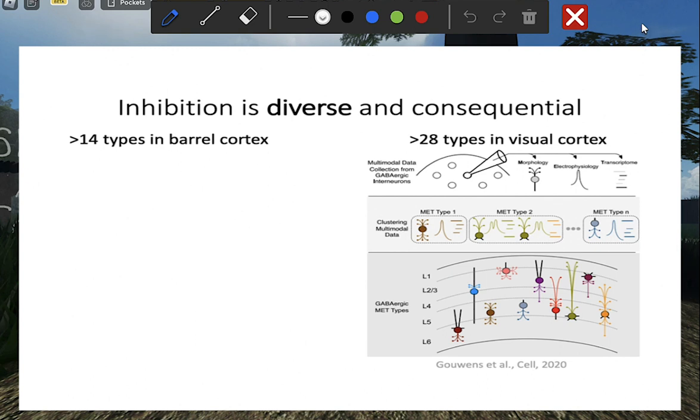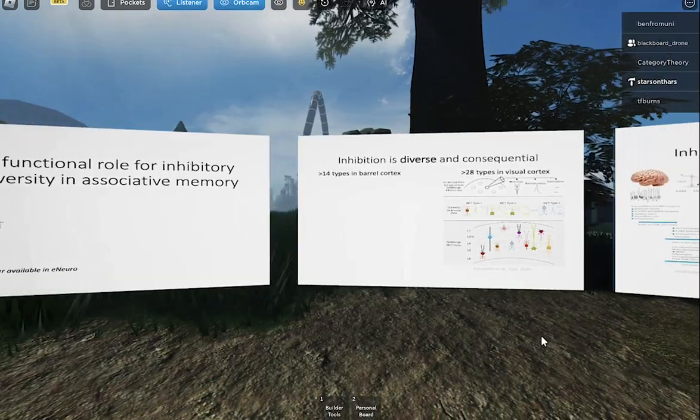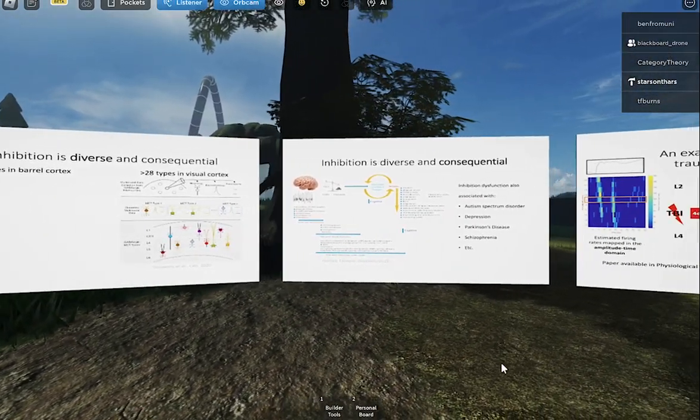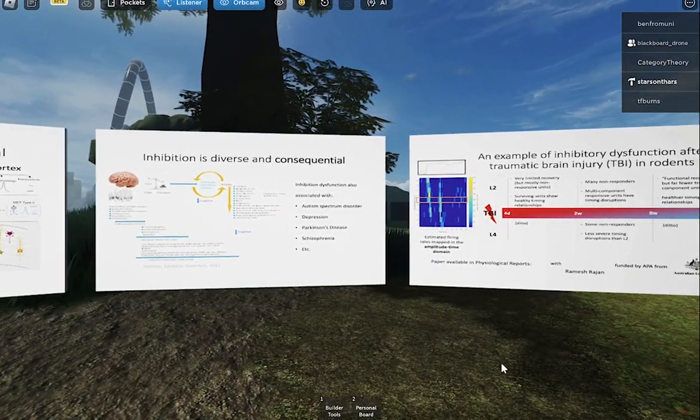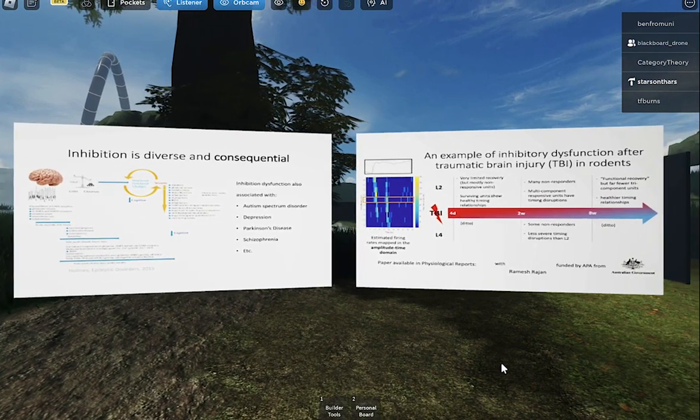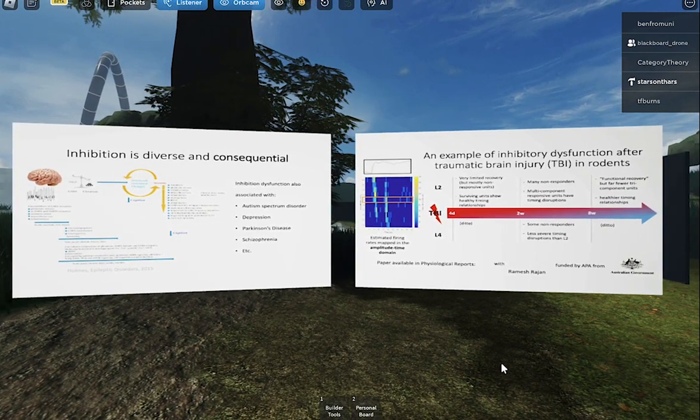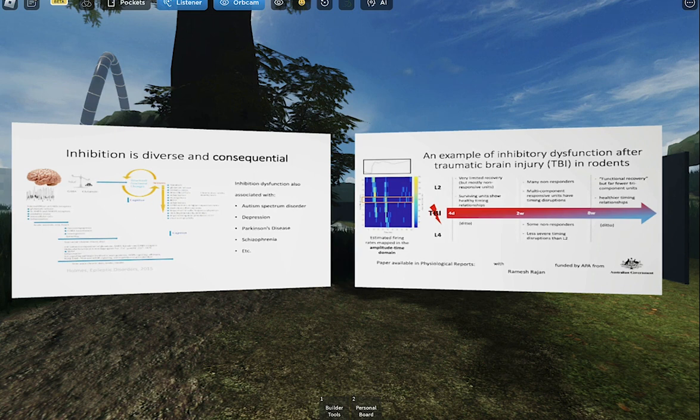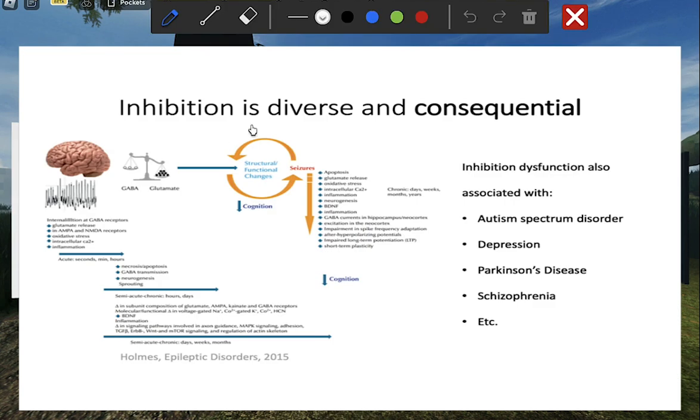Moving on to the next set of slides. Another reason why inhibition is interesting is because it's quite consequential for a whole bunch of diseases and problems that people experience, such as autism, depression, Parkinson's disease, schizophrenia, and the list goes on.